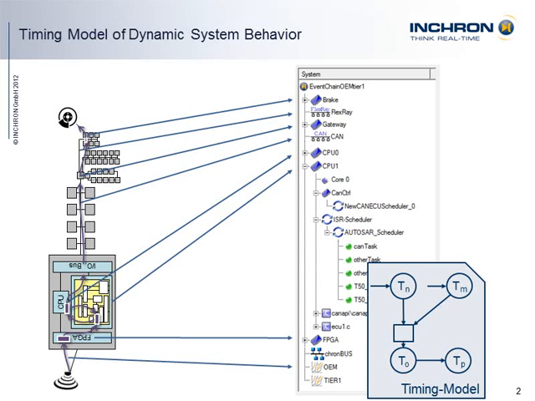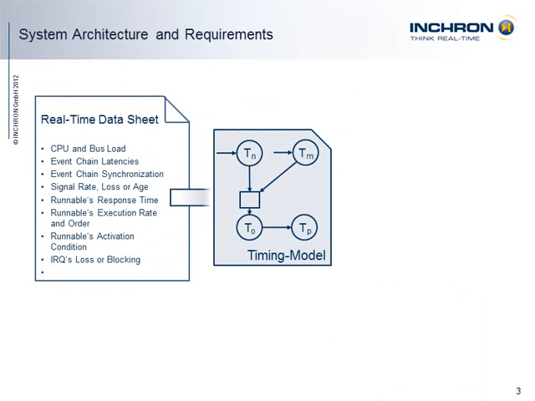In the model, we have abstract resources for every resource, like CPU or bus. The scheduling of tasks can be imported from AutoSAR configurations, for example. Now, what do we do with this timing model? We call them task models, by the way, without real-time requirements. The requirements properties regarding timing and performance are compiled using real-time datasheets.